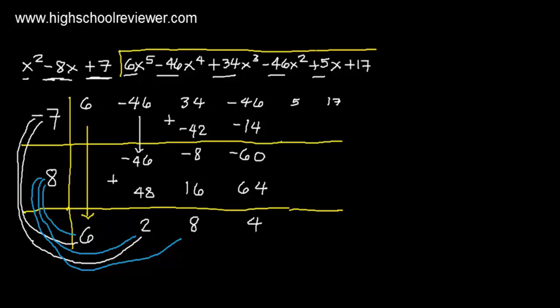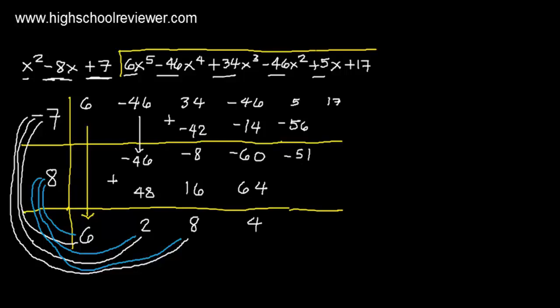And then multiply negative 7 again. Negative 7 multiplied by positive 8, that will be negative 56. And positive 5 plus negative 56, that is negative 51.